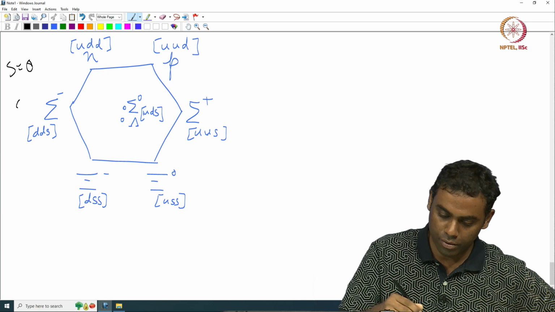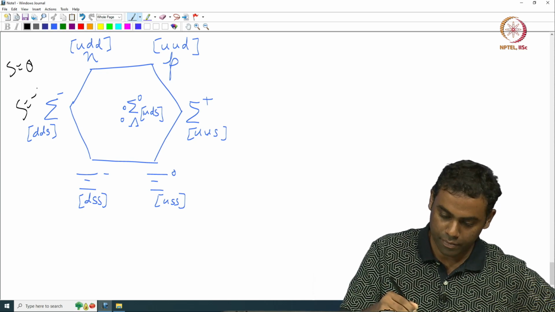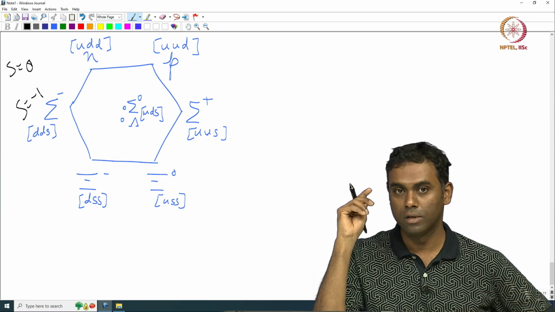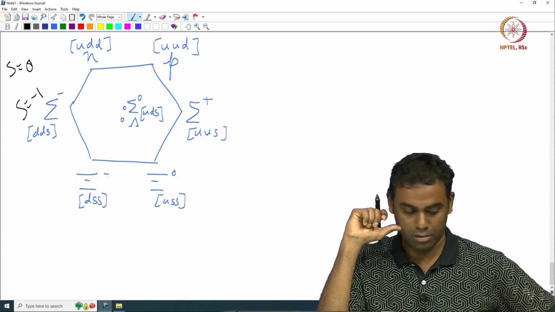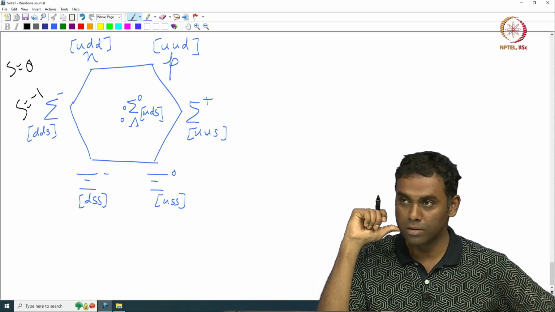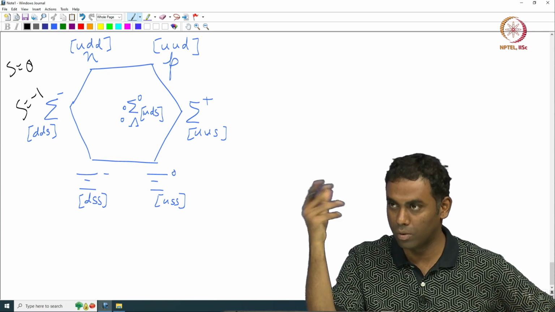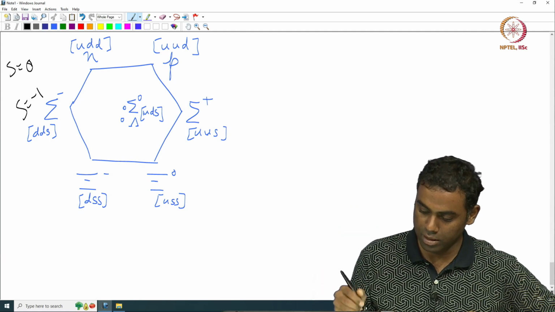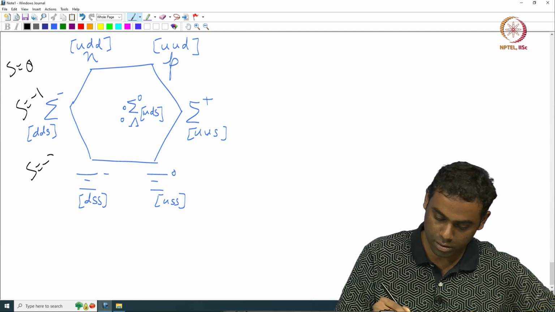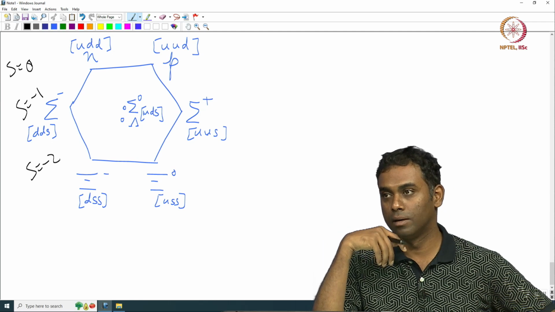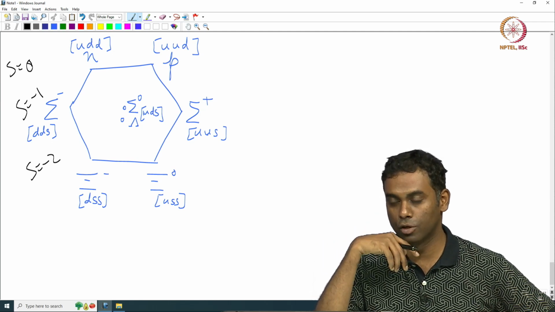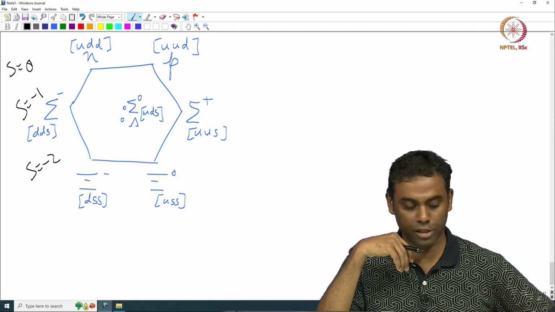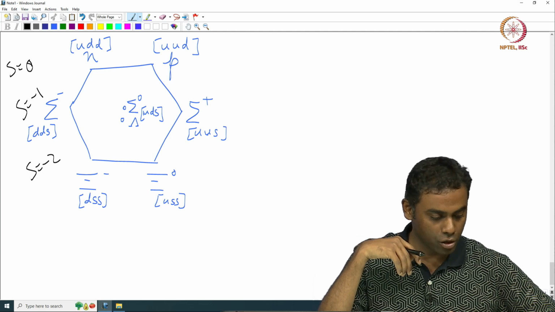The second row has a strangeness of -1. So, you assign -1 to a strange quark, in the old convention. The third row, because they contain two strange quarks, corresponds to a strangeness of -2. But that is not all.